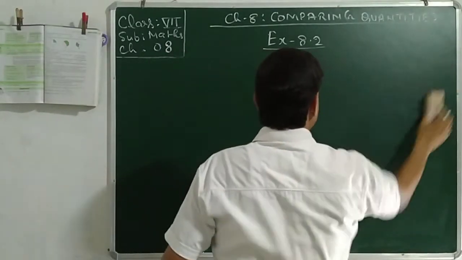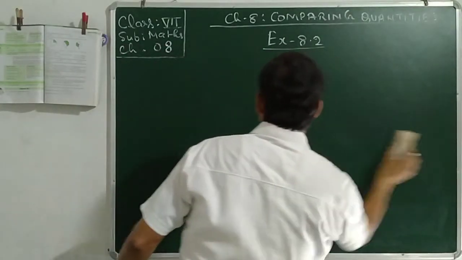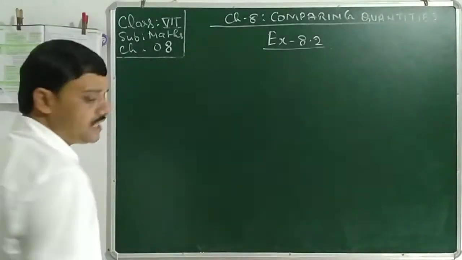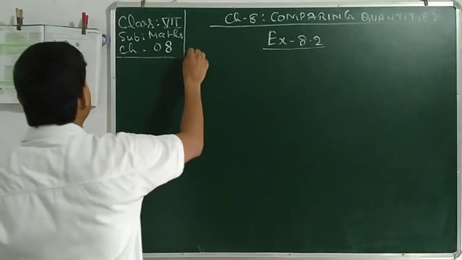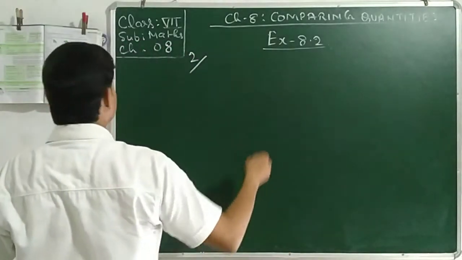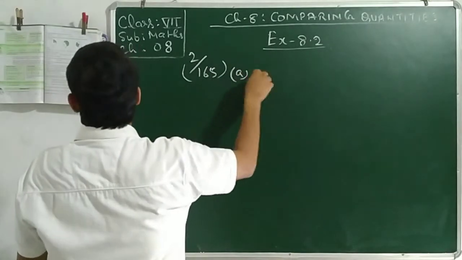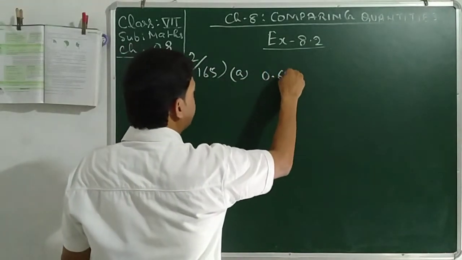The second sum is there on the next page, that is page number 165, and in this sum you are asked to convert the given decimal fractions into percent. See the first one, 0.65.